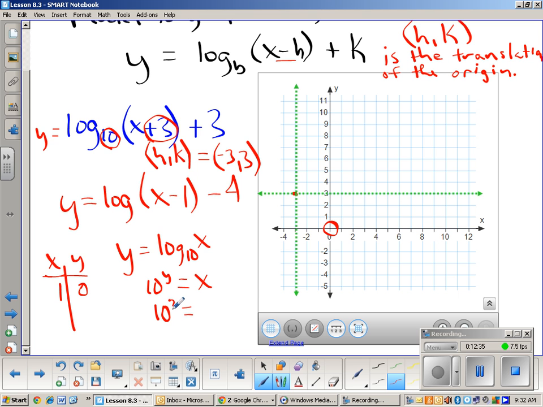And if I put 2 in here, 10 to the second is 100, right? So if x was 100, then y is going to be 2. And if y is 1, then x is 10.